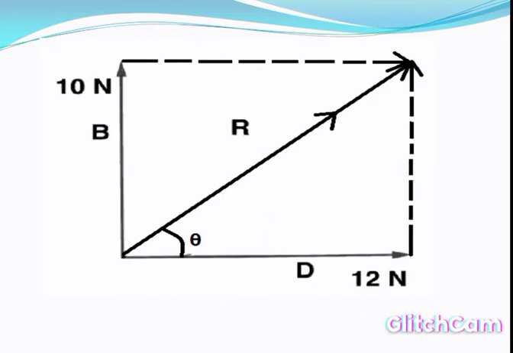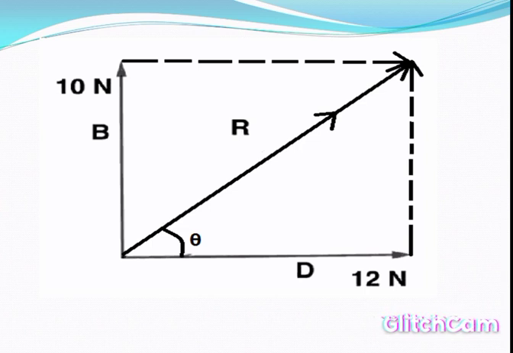Now, take a look at this. We have two vectors B and D. B is 12 Newton acting in the northern direction, and D is 12 Newton acting in the eastern direction. So the angle between the two vectors B and D is 90 degrees. That is, they are at right angle.